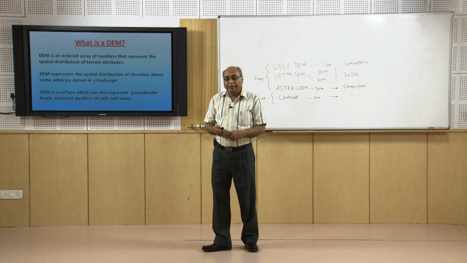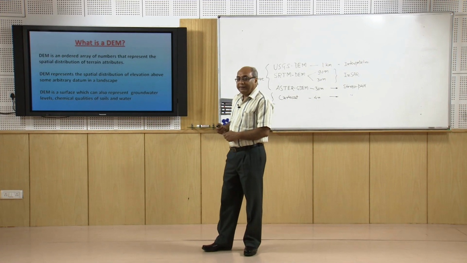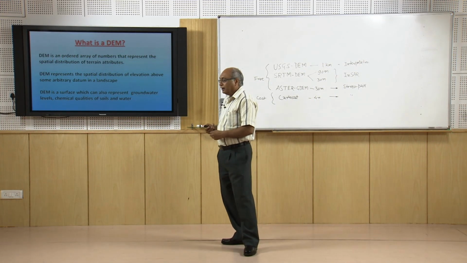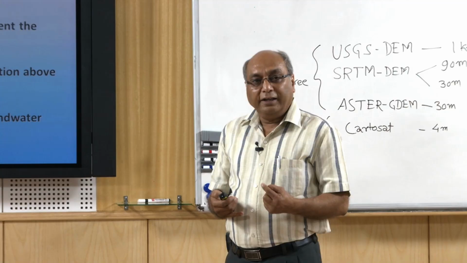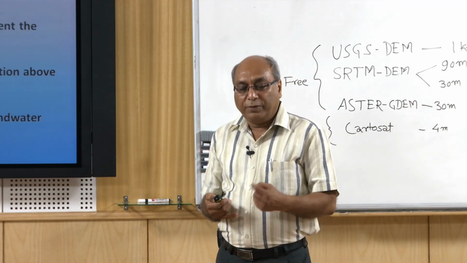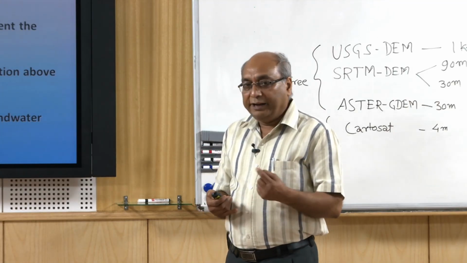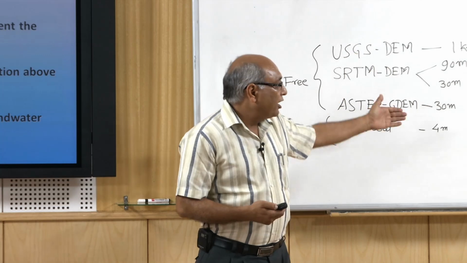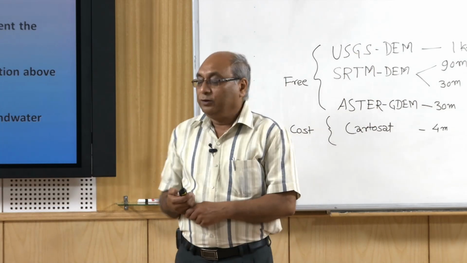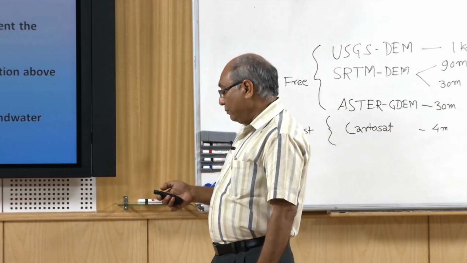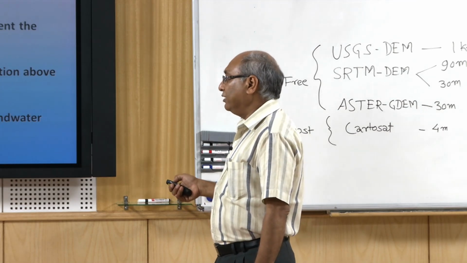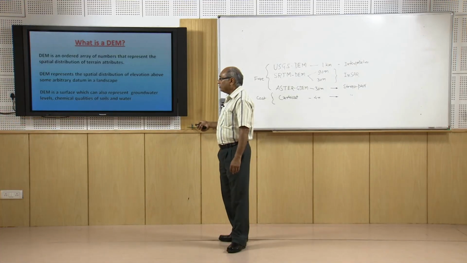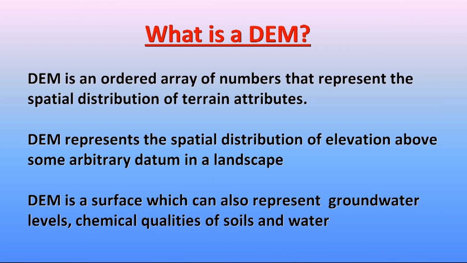DEM, as discussed already, is a digital elevation model, and each cell is a raster and a grid, and each cell of the grid represents an elevation. Now the elevation value can come from a variety of techniques which we have discussed, and basically this is a surface, so it represents the spatial distribution of elevation values above some arbitrary datum in the landscape.